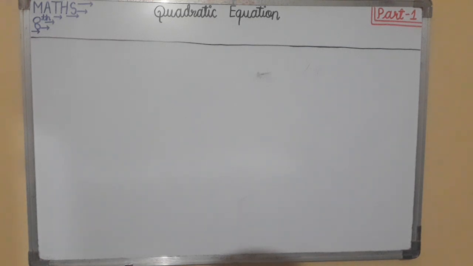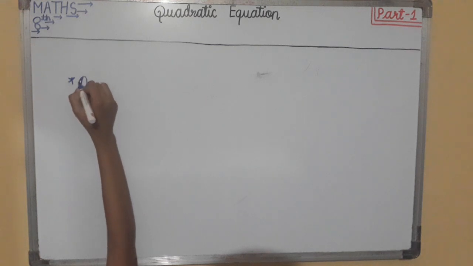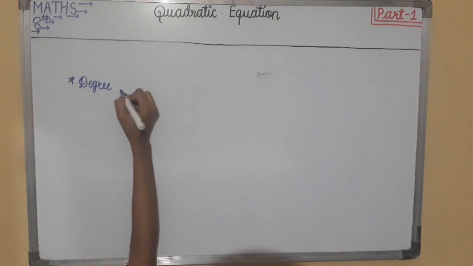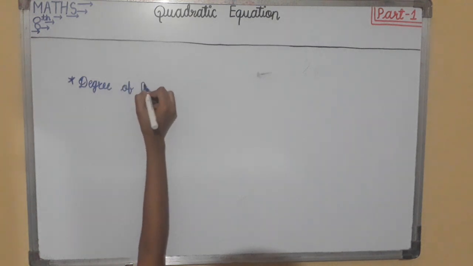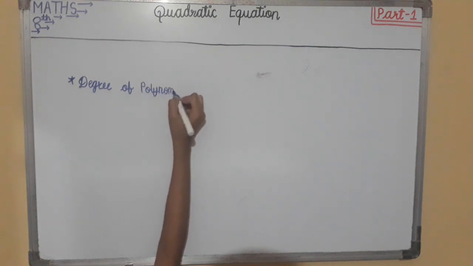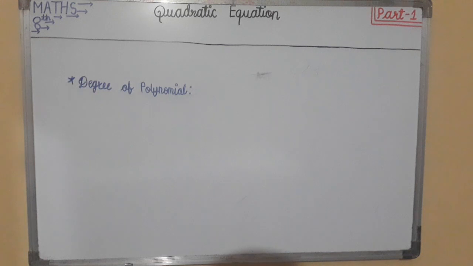Now, first point is degree of polynomial. In a polynomial of one variable x, the maximum power of x is called the degree of polynomial.